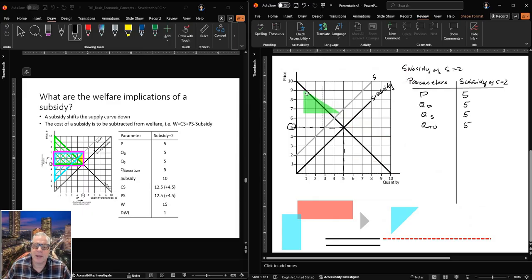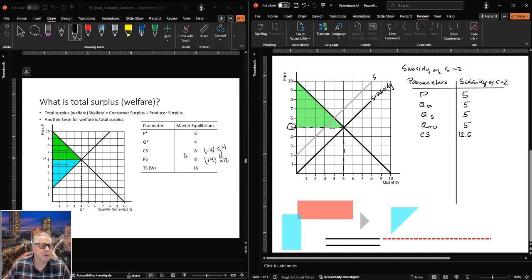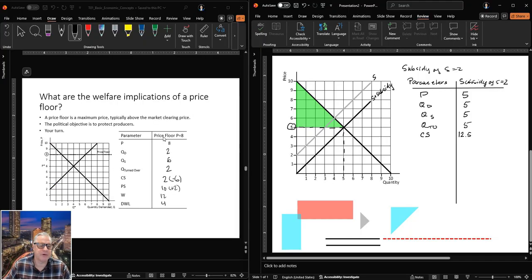So we take this triangle here. So the green triangle is the consumer surplus. How big is this area? It's 5 times 5 over 2, 12.5. And if you still remember, compared to the market equilibrium, consumer surplus was 8, so that's a gain of 4.5.